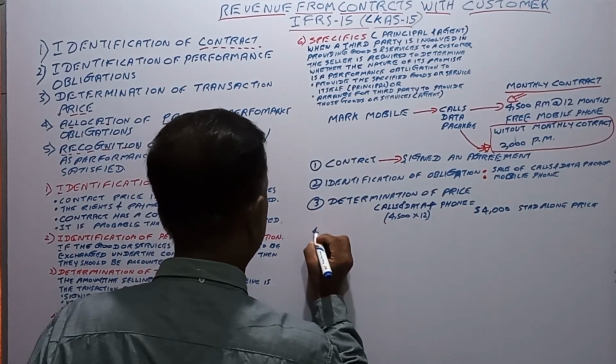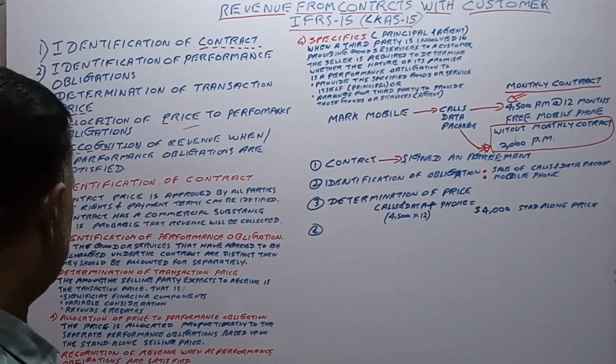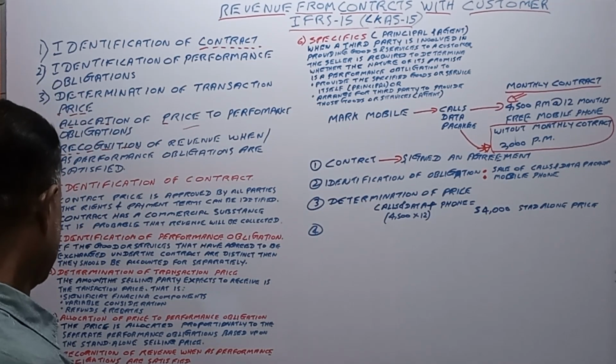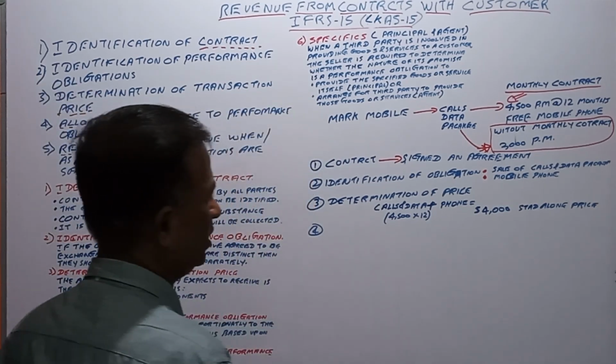Number 4, they ask: allocation of price to performance obligation. Yes, we can allocate it.